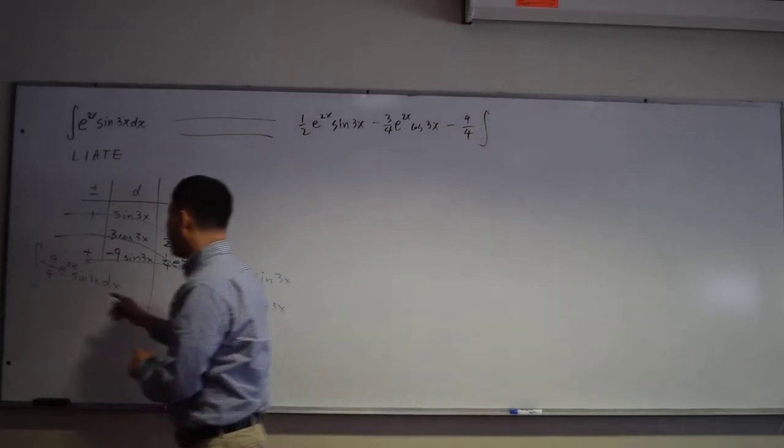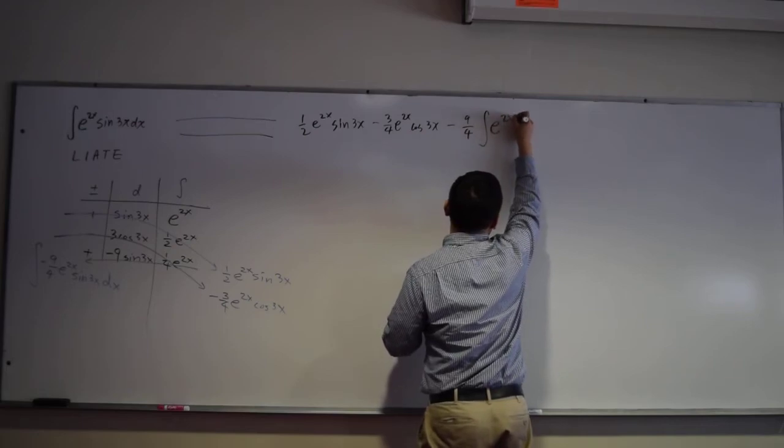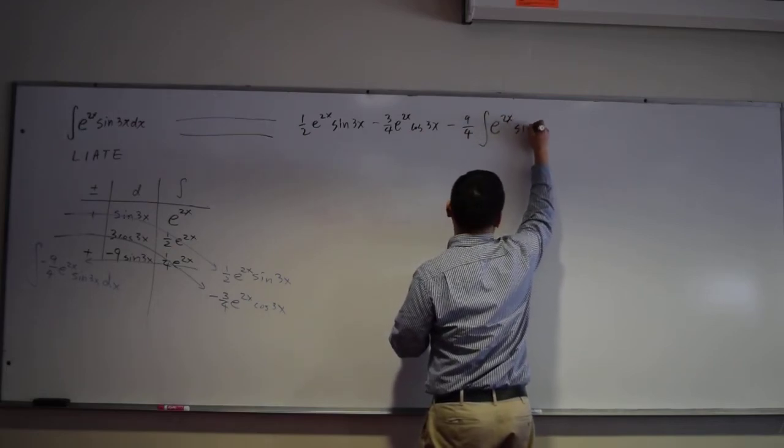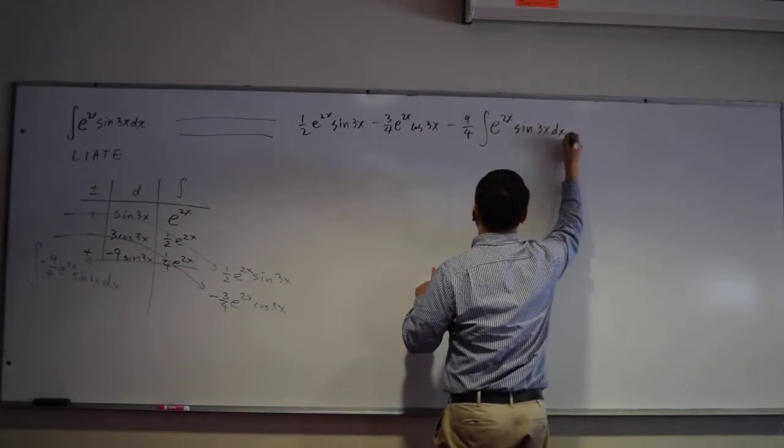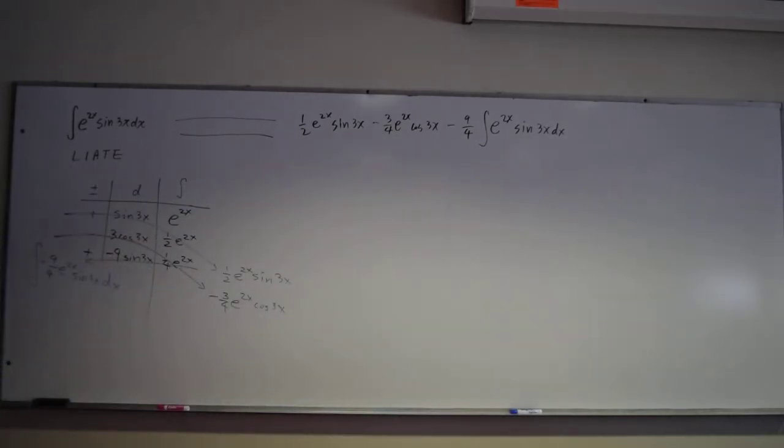I can pull the 9/4 outside, right? And e to the 2x sine 3x. So that's the result that we get using the tabular integration, which is equivalent to what we would get if we just did the integration by parts. So it's an equivalent method. It's just a different way of packaging the same exact thing.